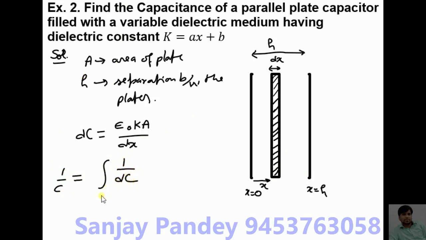Value of x is starting from x is equal to 0 to x is equal to h, it will be equal to integration of x is 0 and x is h, 1 upon epsilon naught K A upon dx.